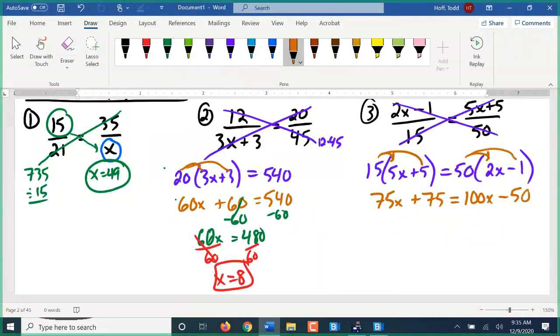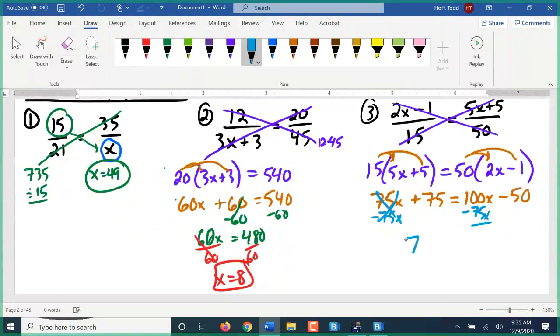So now we've combined what we need to on each side of that equation. We have to make sure the variable is on only one side. Right now it's on both sides. So we'll find the smaller one, which is the 75x. It's positive, so we're going to get rid of it by subtracting it. And we have to remember we have to subtract it from the other side as well.